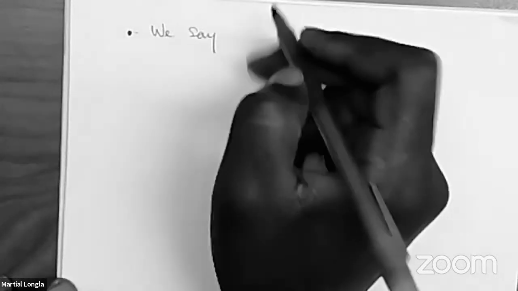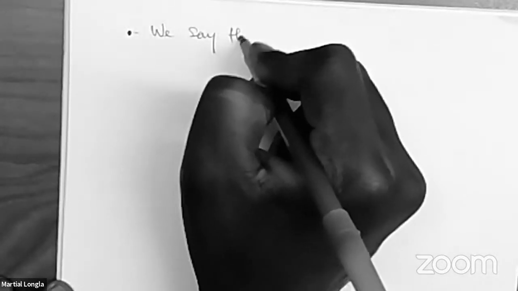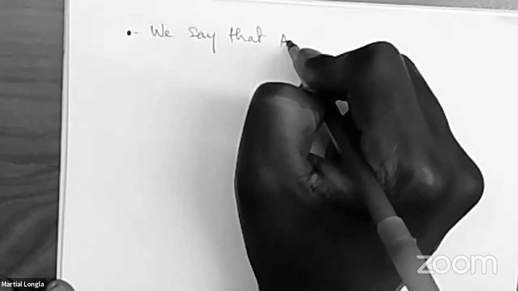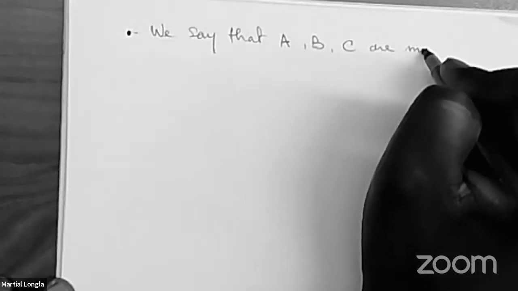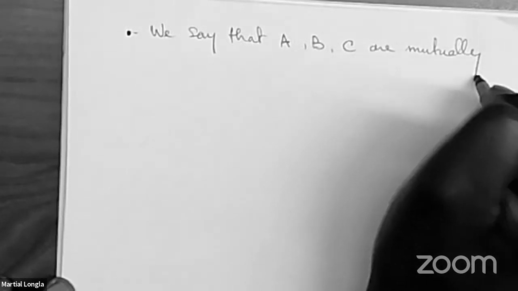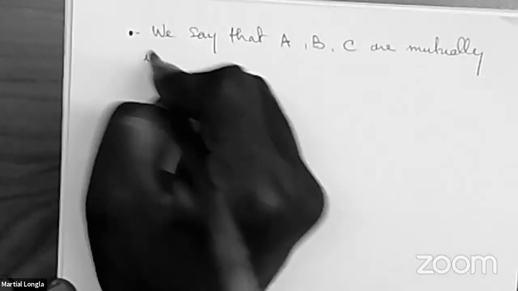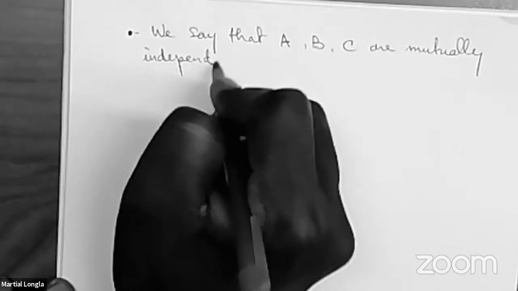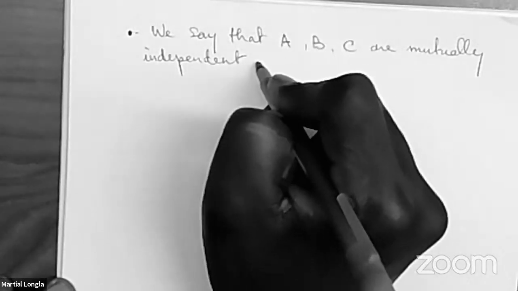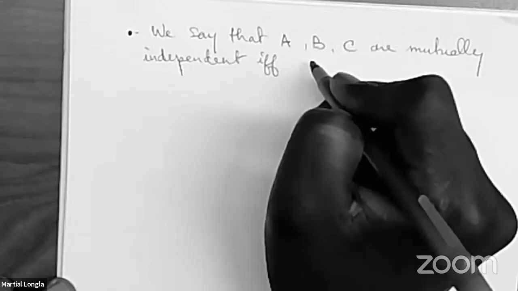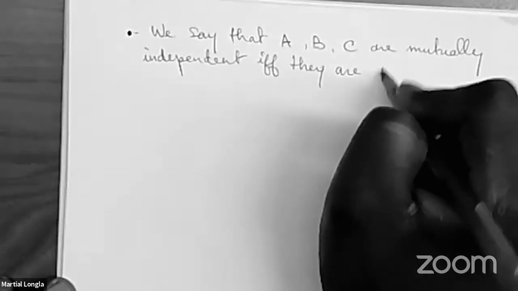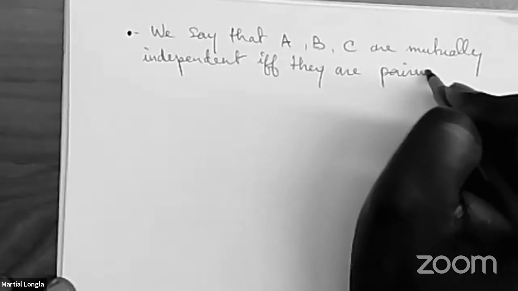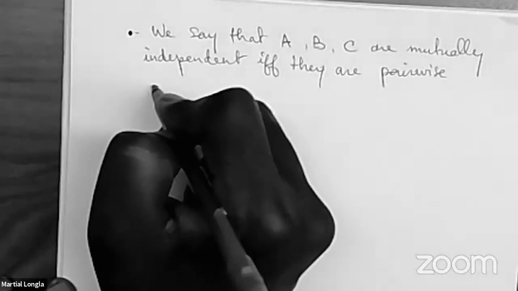Second part, we say that A, B, C are mutually independent if and only if they are pairwise independent.